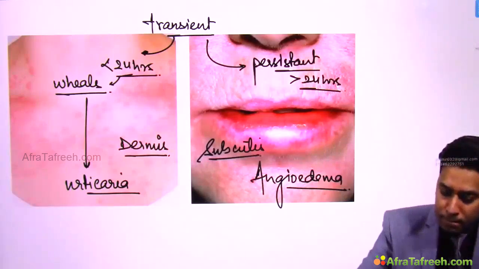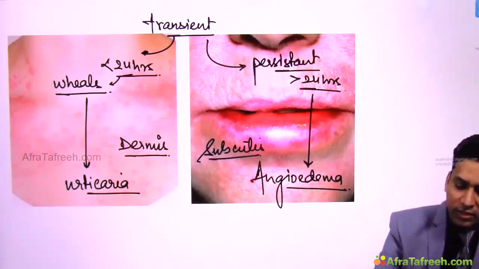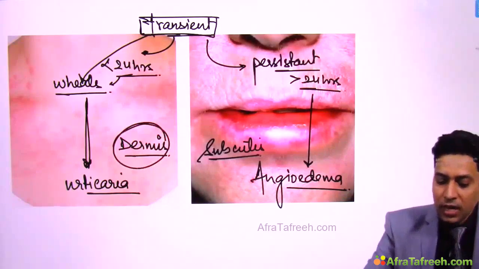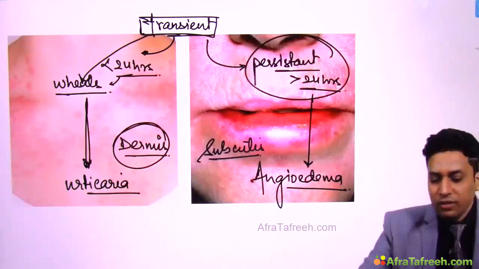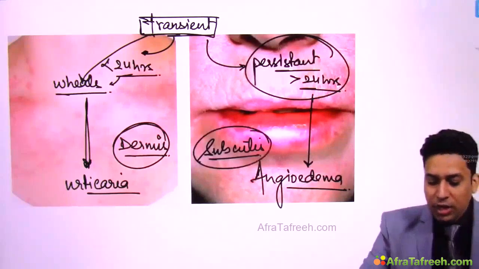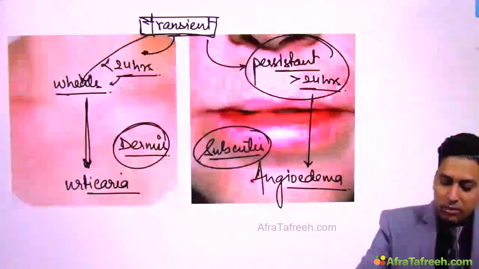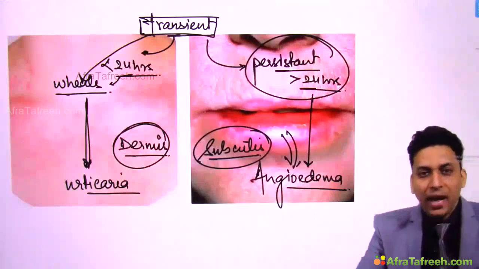Okay, so if these are transient erythematous lesions or transient wheals, this is seen in urticaria. This is due to accumulation of fluid in the dermis, while these are persistent lesions more than 24 hours, they are due to accumulation of fluid in the subcutaneous layer. This is angioedema, like you can see this swelling, this is due to angioedema.